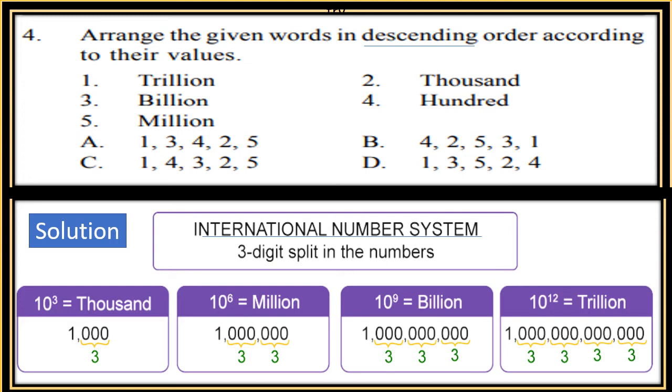For million we have 10 to the power 6 because it has 6 zeros. For billion we have 9 zeros, so we write it as 10 to the power 9, and trillion is 10 to the power 12 because it has 12 zeros. Now you arrange them in descending order, that is from greatest to smallest.